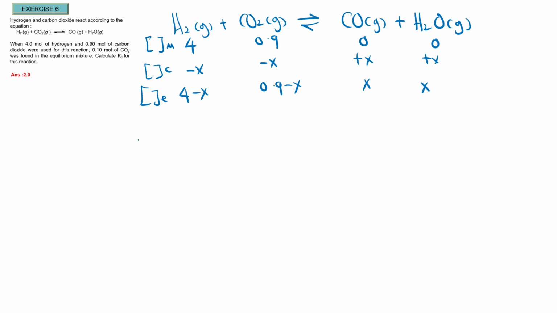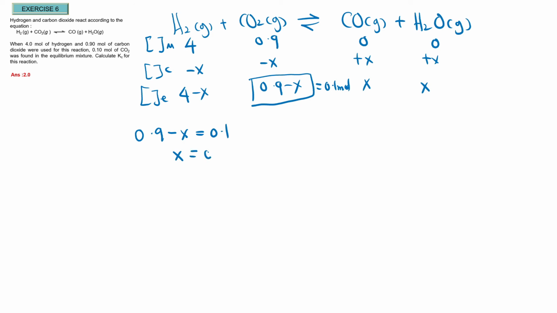Okay, so what does it give there? 0.1 mole of carbon dioxide was found in the equilibrium mixture. So this means the carbon dioxide is given. This one is equal to 0.1 mole. So here we can find the value of x. 0.9 minus x is equal to 0.1.